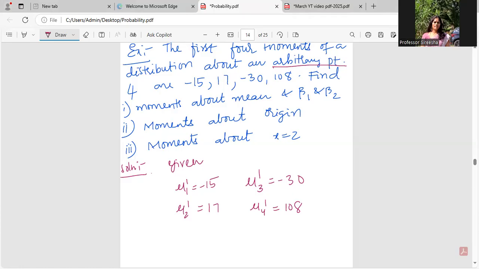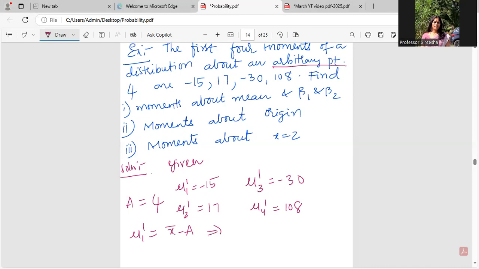To start with, the arbitrary point given to me is A equals 4. And mu1 prime is nothing but x bar minus A. I know A, and I know mu1 prime, from which I'll estimate x bar, because I want the moments about the mean x bar.